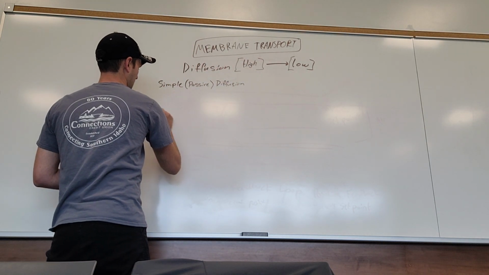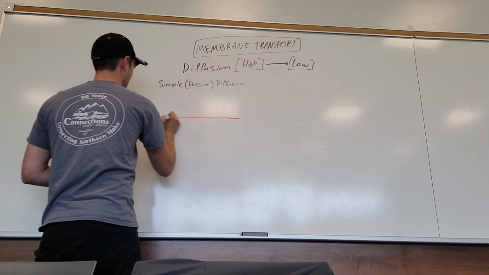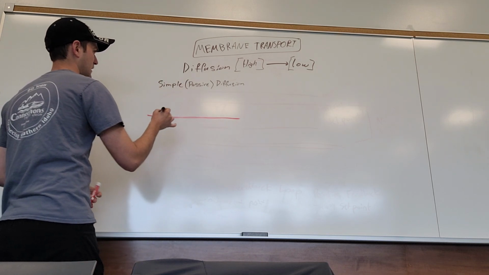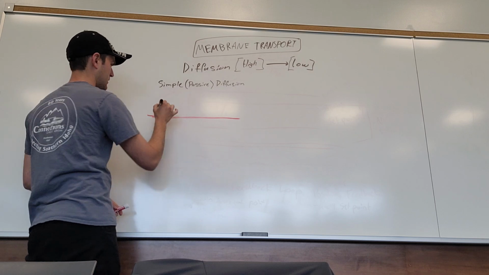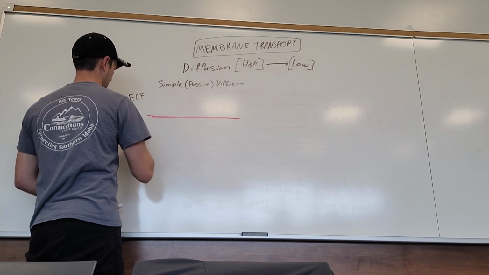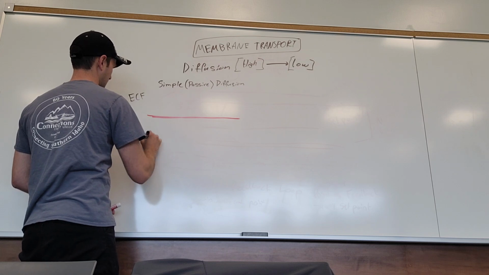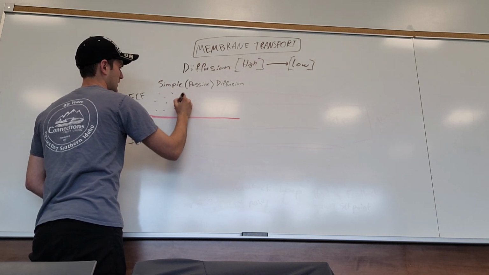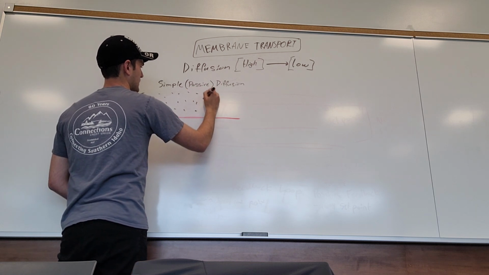So we're going to put red. That's going to be our cell membrane here. And we're going to keep our brown. Our brown is just going to be all of our solutes on the outside in our ECF. This is our ICF, so inside the cell. Our ECF, that's where the concentration of these solutes is very, very high.